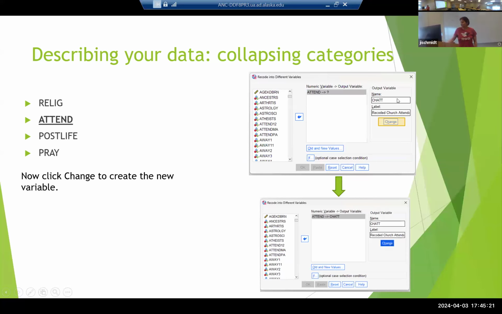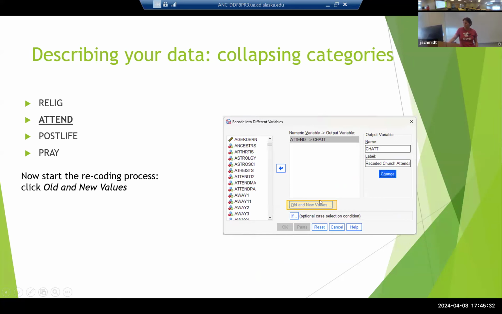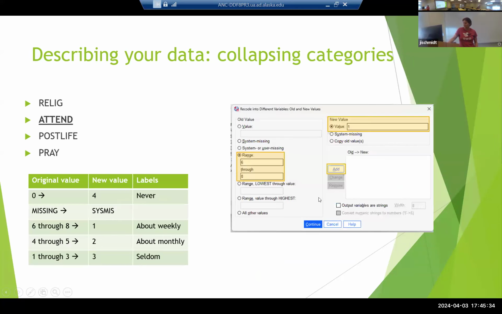And here I can show when I hit change, see how this changes to CHATT. It went from a question mark to CHATT. All right. And then when you're in here, this is kind of what it looks like. You choose your range. So 6 through 8, I'm going to code to the new value of 1.